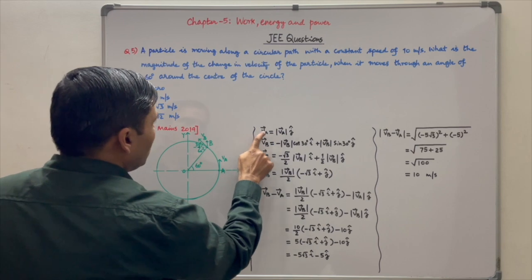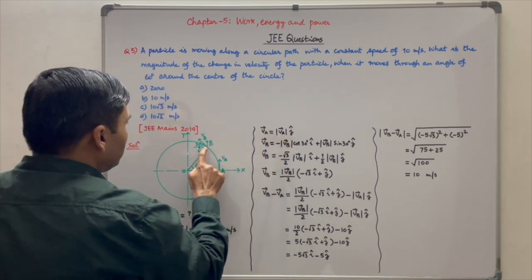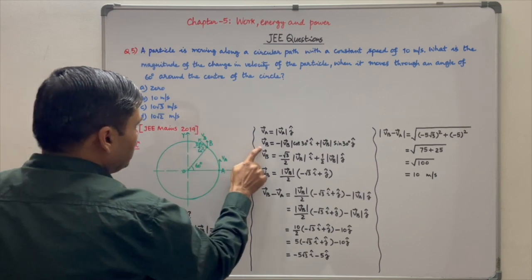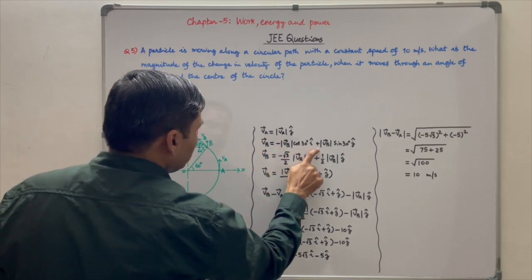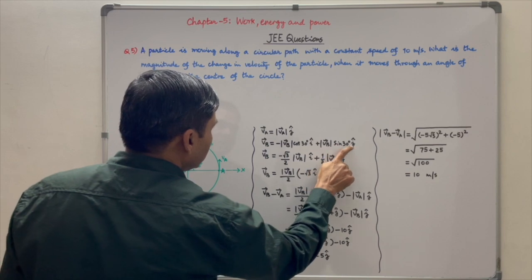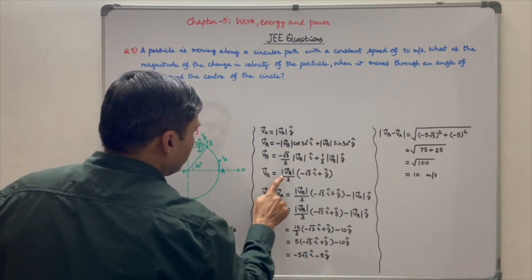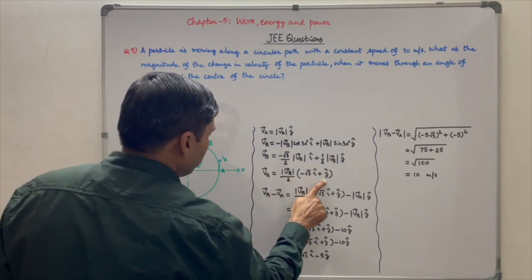Vector VA is equal to magnitude of VA j, and vector VB can be resolved into two components, horizontal and vertical. So vector VB is equal to minus magnitude of VB cos 30 i plus magnitude of VB sin 30 j. So it can be simplified as VB is equal to magnitude of VB upon 2 into minus root 3 i plus j.